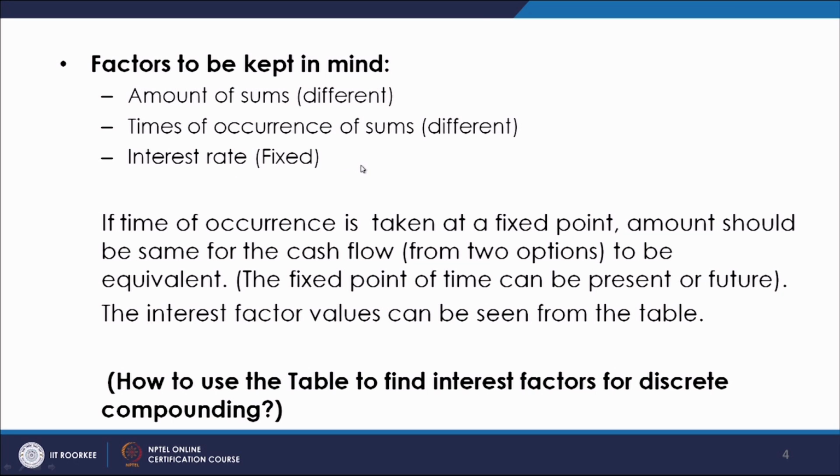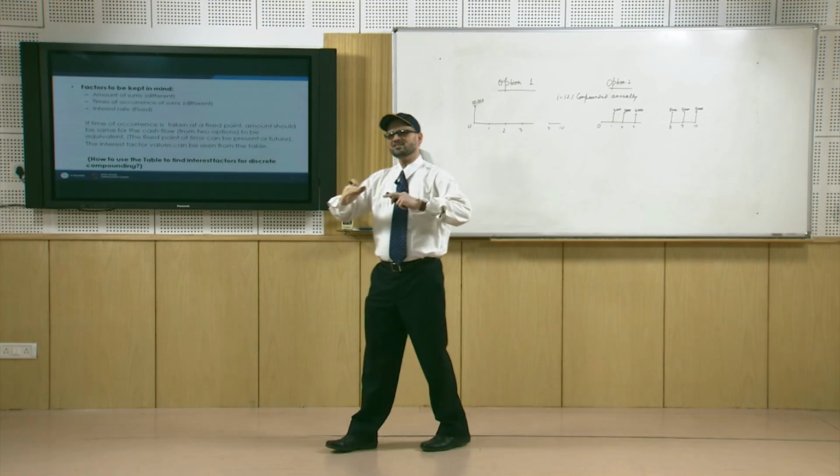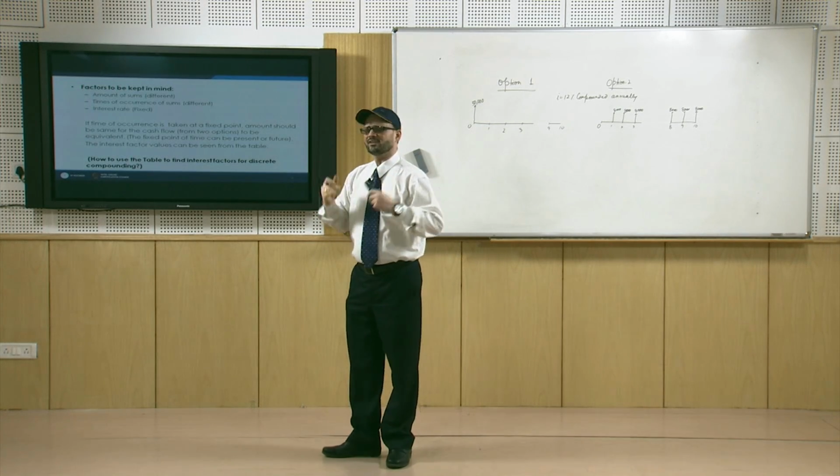So, if the time of occurrence is taken at a fixed point, the amount should be the same for the cash flows of the two options to be equivalent. That is what we have come across so far, that if you are taking a particular time, because the time of occurrence is different here.